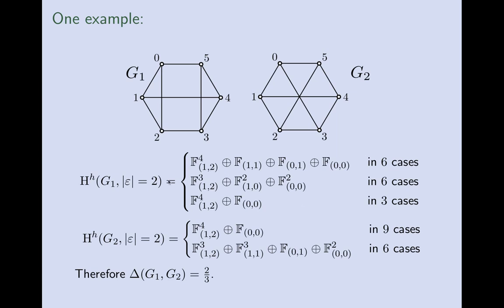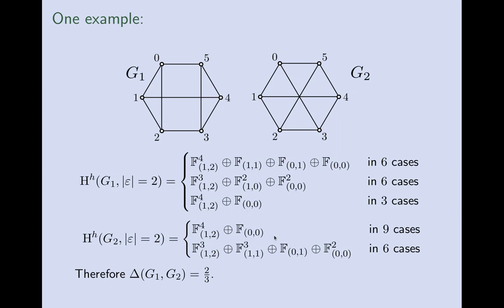So here, for the first graph, we get this homology, of rank 4 in bidegree 1, 2, and so on, in 6 possible cases, this in 6 possible cases, and this in 3 cases.